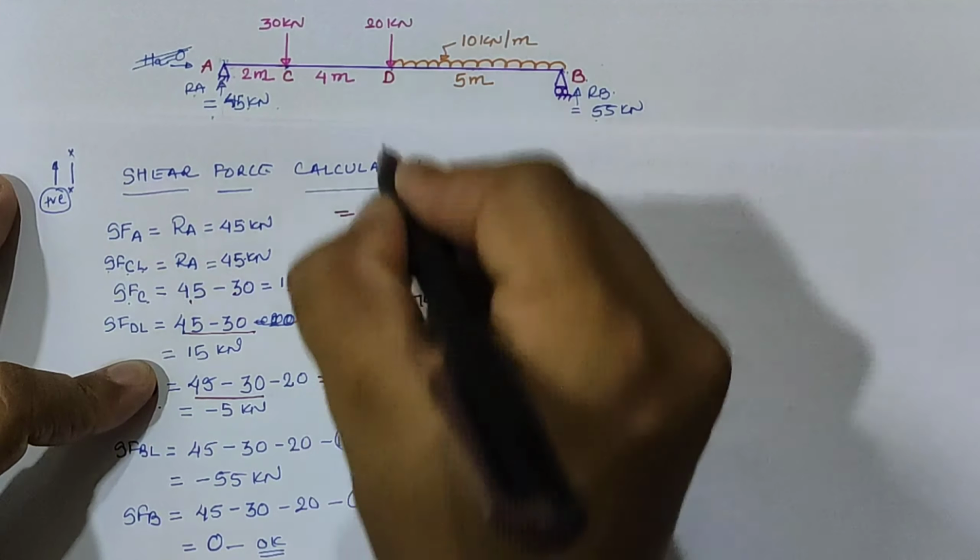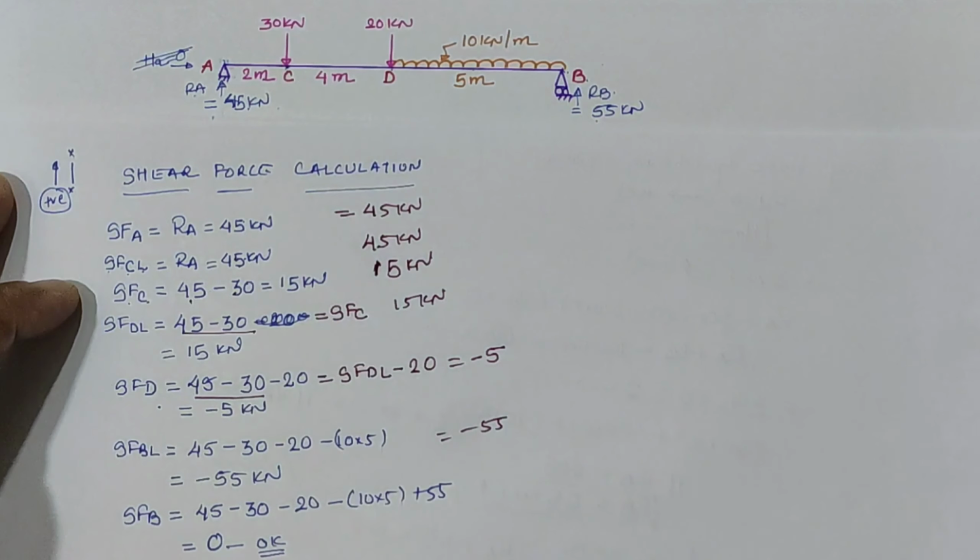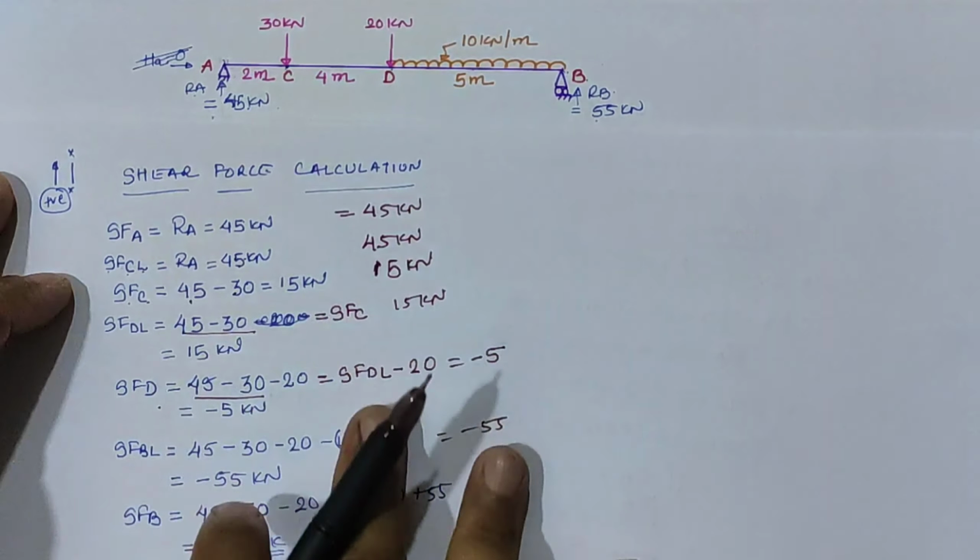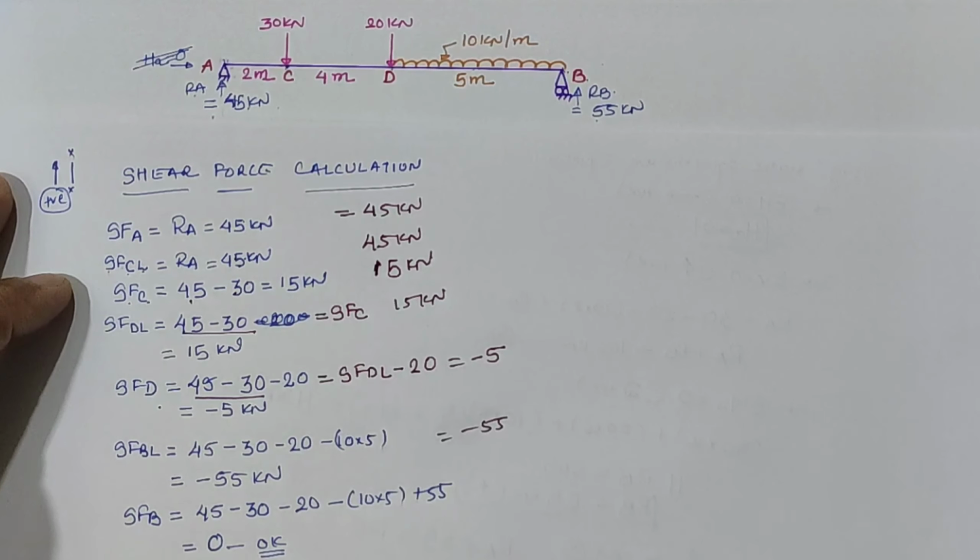Now from minus 5 to point B the total load is 10 into 5. Minus 5 minus 10 into 5 is equal to minus 55. So we can calculate the direct value if we have the value of the shear force at the successive point on the left hand side. So these are the values of the shear force at different locations.